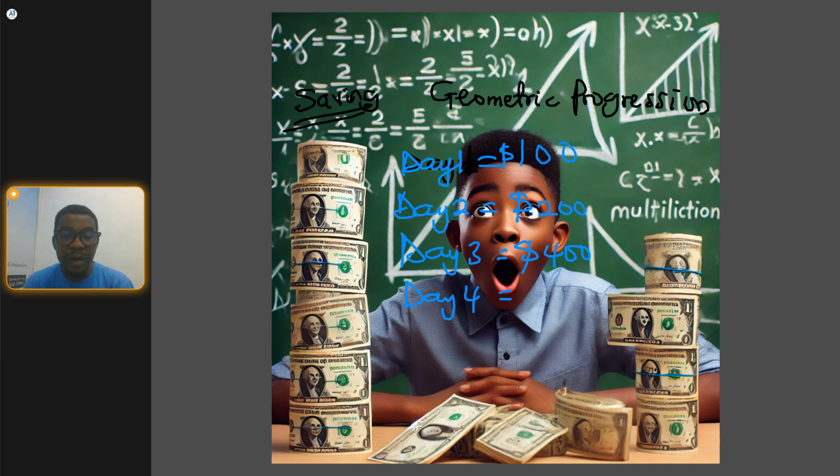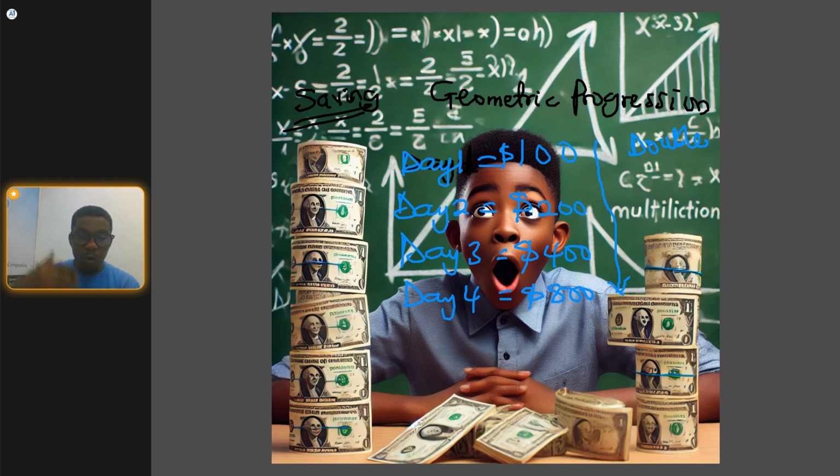And what do you think he's going to have in the next day? What he's working with is the double principle, that is, doubling the money he saved on a day for the next day. Now, if he's having 400 US dollars on the third day, what's he going to have on the fourth day? Of course, the double of 400, and that is 800 US dollars. When you look at this sequence, you will see that there is a progression.